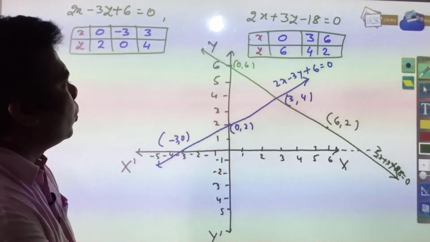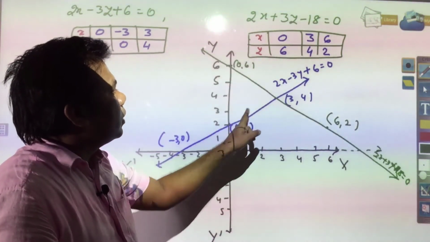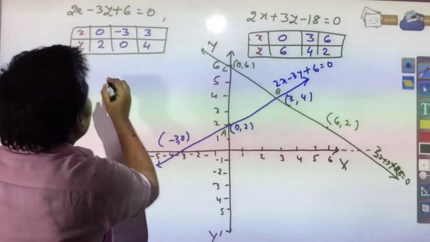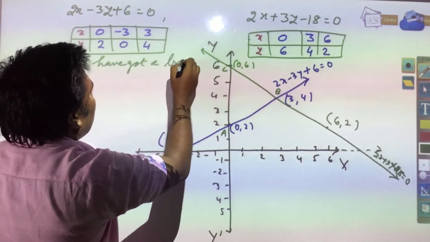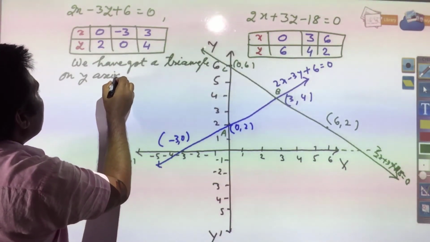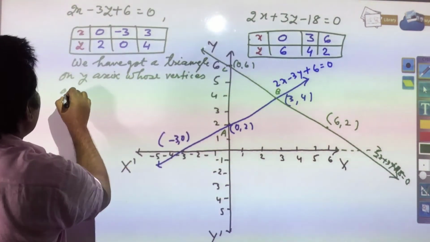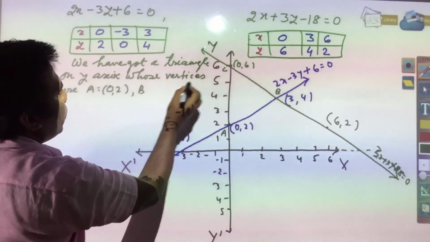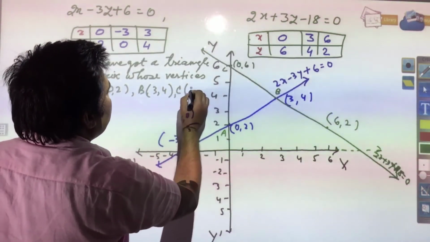Now, you see what we need to do. On the y axis a triangle is getting formed, you need to find out the vertices of this. So, the vertices of this triangle, suppose name them A, B and C. So, we have got a triangle on the y axis whose vertices are A is equal to, here you see 0 and 2 you have got, B is equal to 3 and 4, and C is equal to 0 and 6.